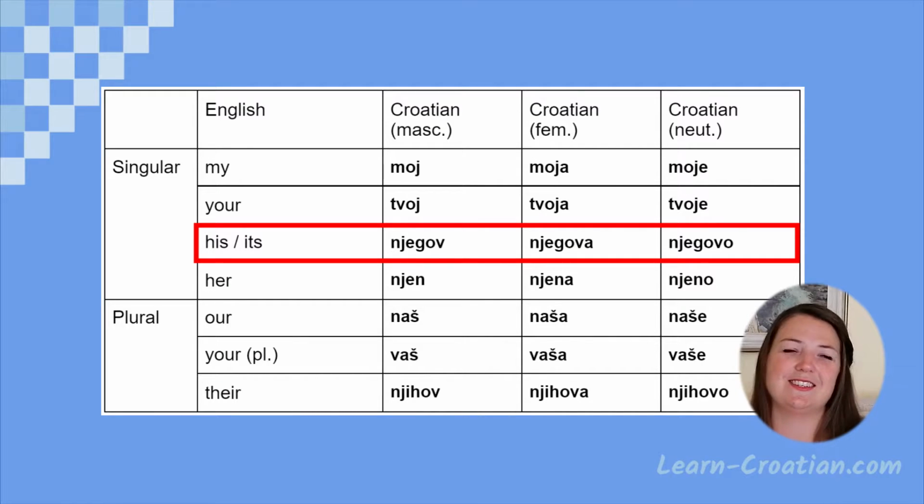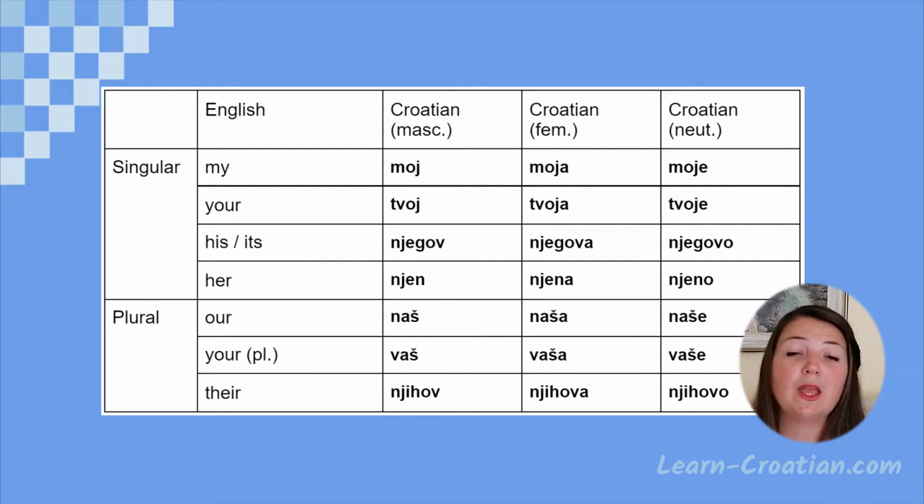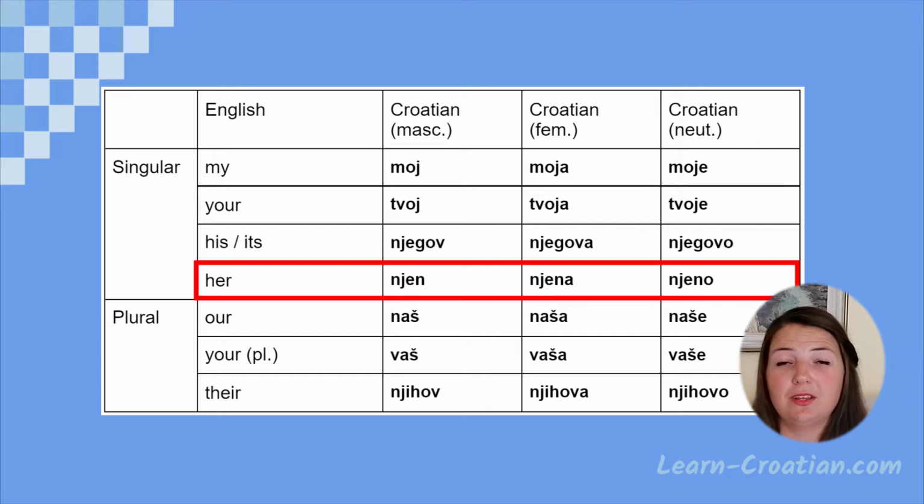He can possess, let's say, a house, and a house is feminine, so you need a feminine form, and so on. So his would be njegov, njegova, njegovo. You also notice that his and its have the same form. Her would be njen, njena, njeno.